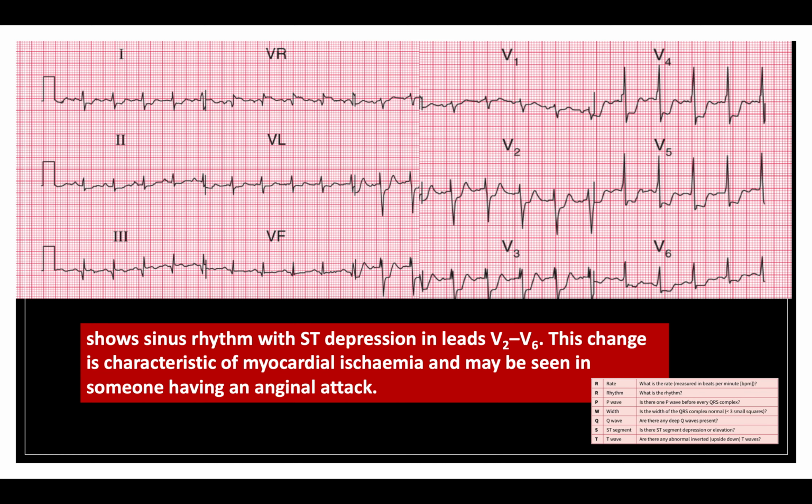From here, let's follow our simple rule. We start off with our mnemonic RRPWQST. The first one is rate. What is the rate, measured in beats per minute? Remember I told you that you can do this by simply looking at the RR interval. Here we can tell that there's half a big box, one whole big box and another one, so roughly 2.5 big boxes.